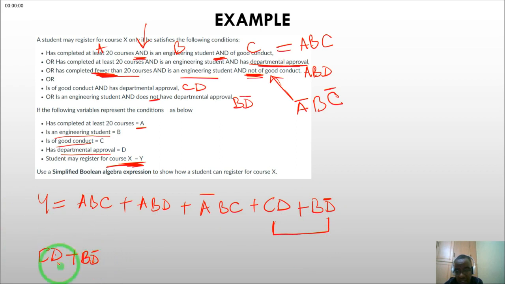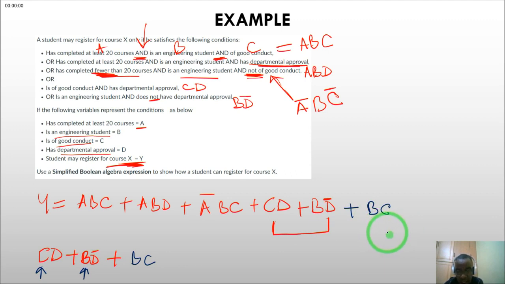We observe that D is the one that is appearing in two forms. Therefore, we can add the term that may be dropped, which is this term and this term. You multiply them, you get BC.